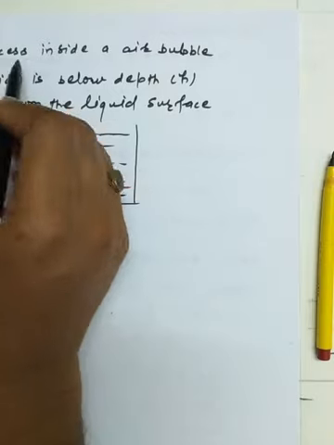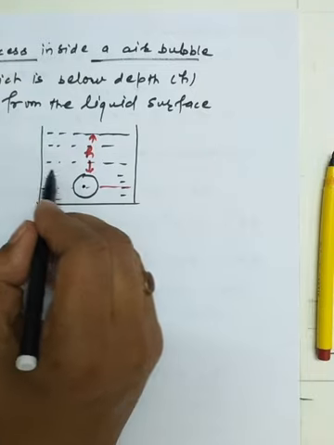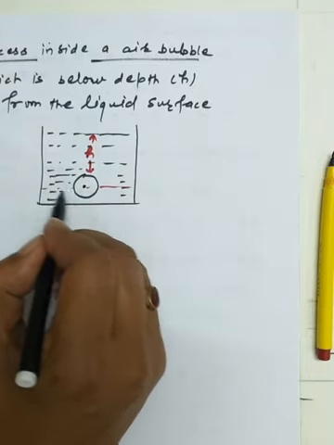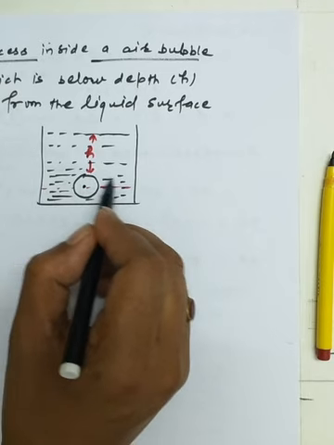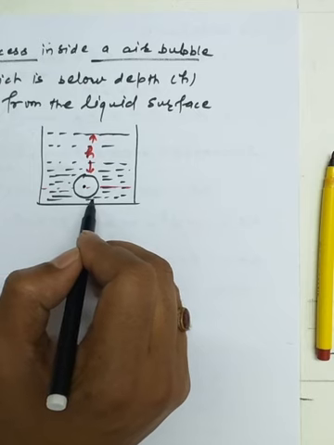Now here I have shown the basic structural diagram of the excess pressure inside an air bubble. Definitely outside the bubble there is liquid, and we are counting only a single interface surface.